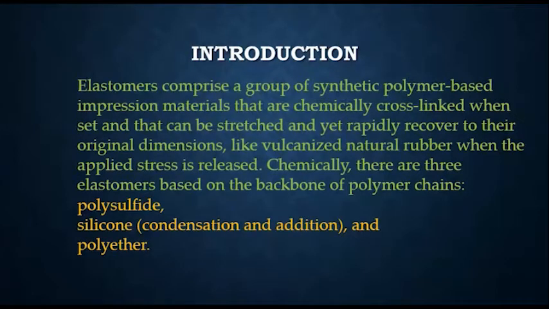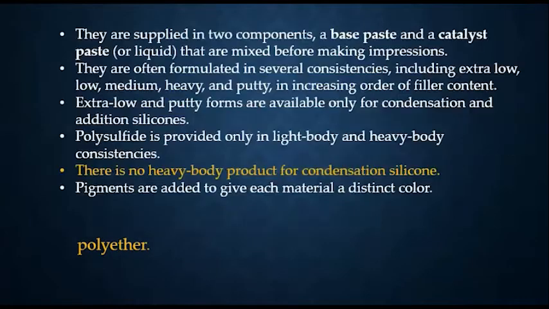Elastomeric impression materials, from the name you can see, are rubber-like and stretchable. They are supplied in two components: a base phase and a catalyst phase or liquid that are mixed before making an impression. They are often formulated in several consistencies including extra low, low, medium, heavy or putty consistency, in increasing order of filler content.